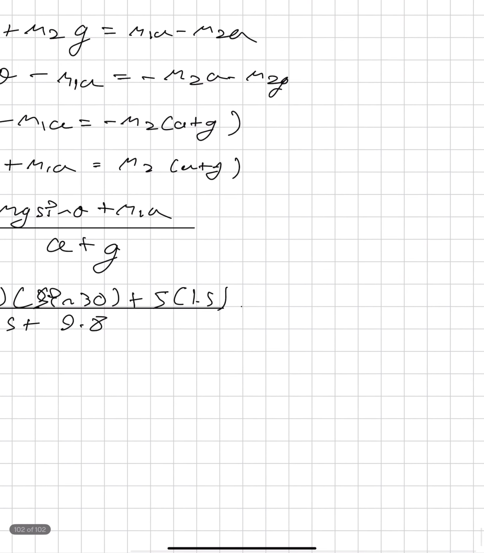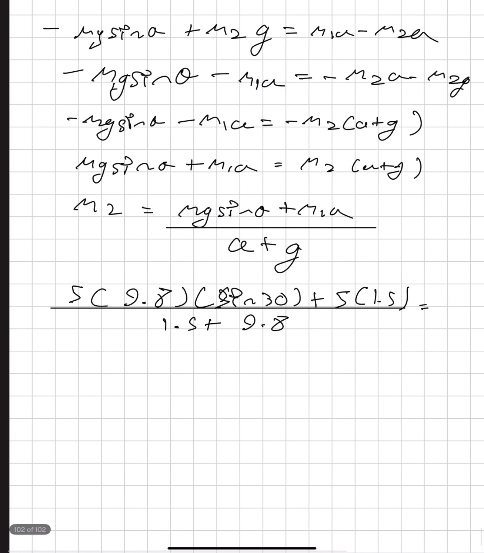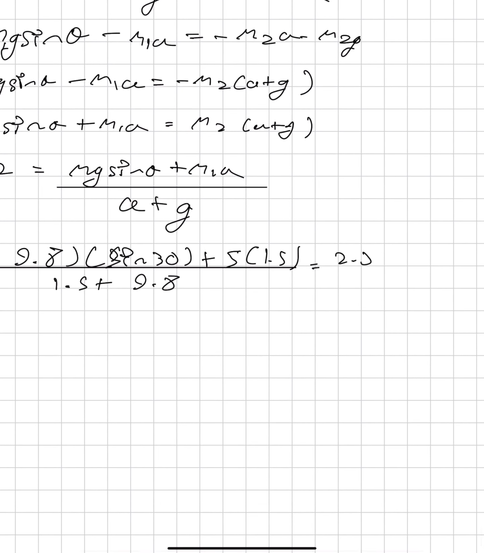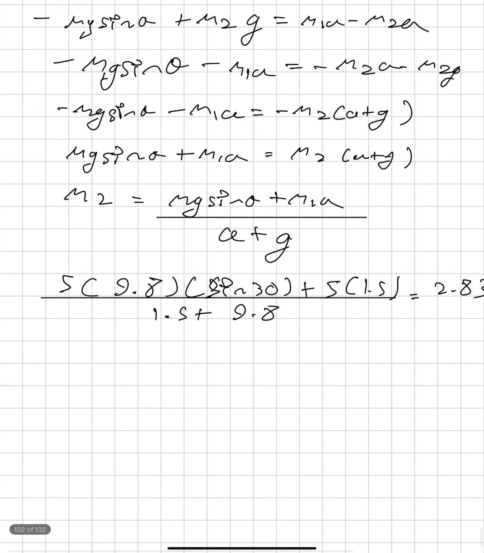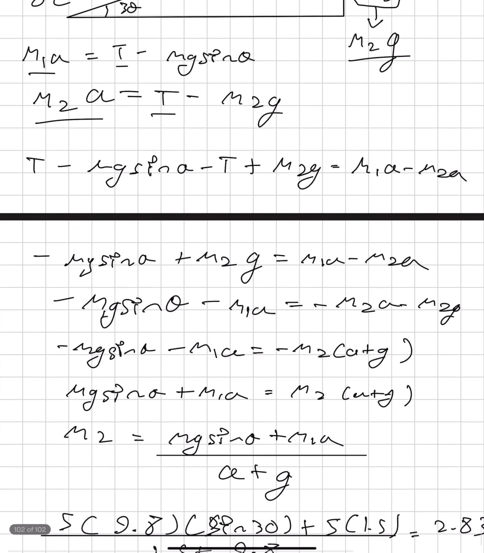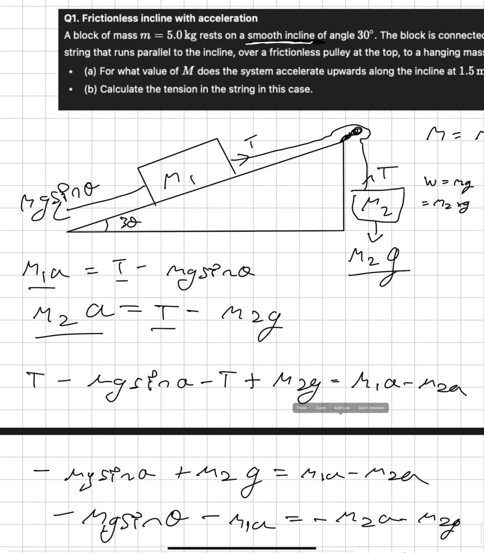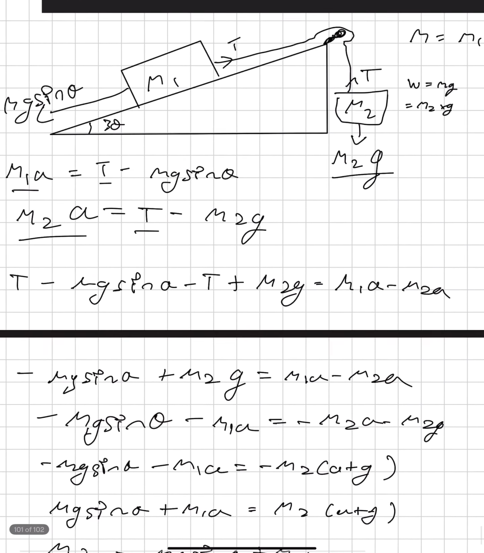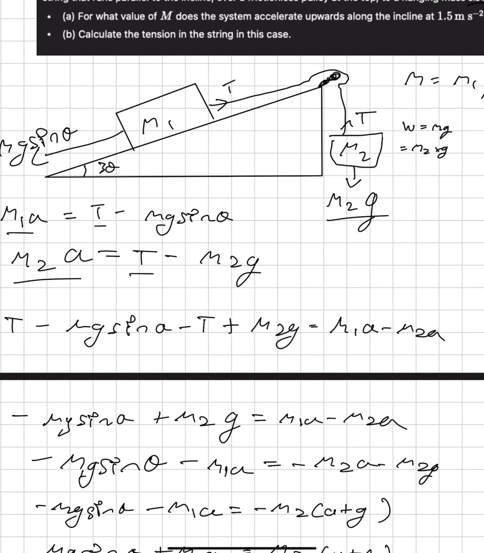Now if we solve this through our calculator, you're going to get 2.83. So the answer to the first question is m2, which is just large M, is equal to 2.83 kilograms.